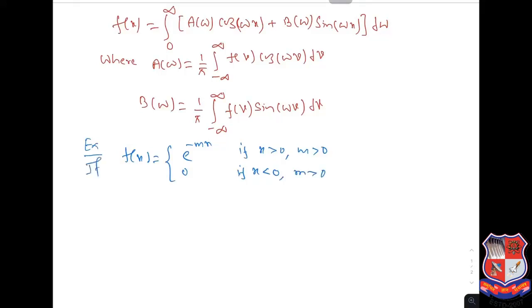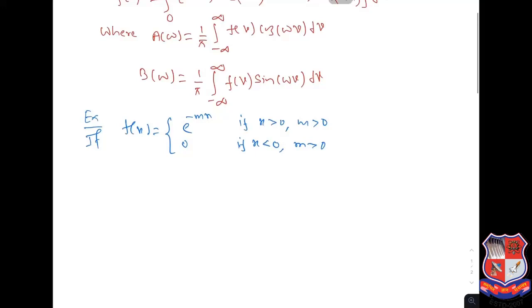So if f(x) equals this, then find the Fourier integral representation of f(x).